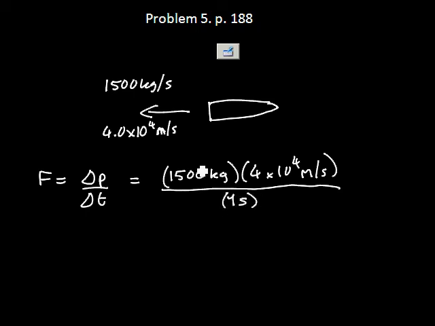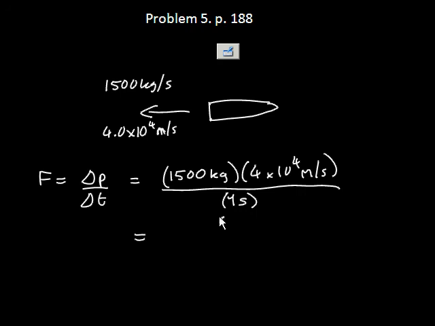And so we've got the 1 second underneath, and when you work that out, you end up with a force of 6 meganewtons, or 6 times 10 to the 6. Strictly 6.0 times 10.